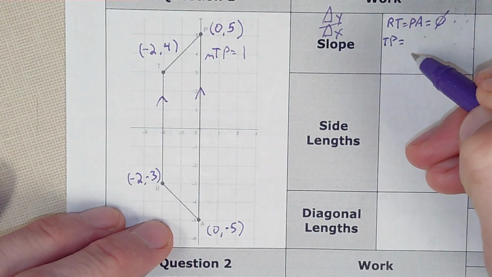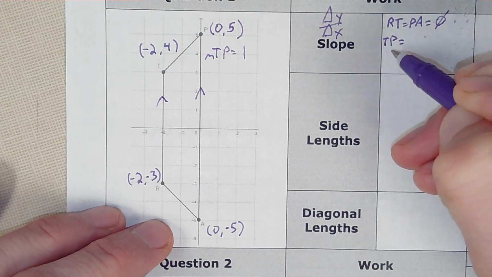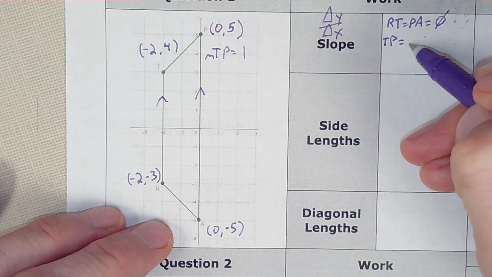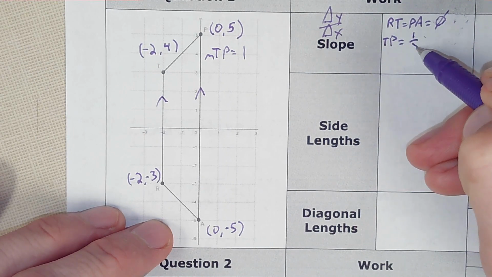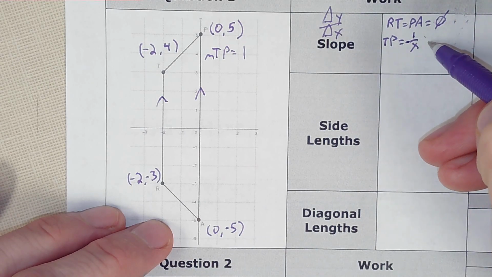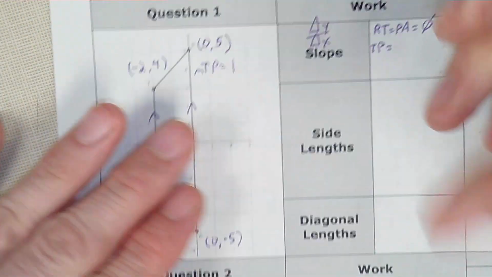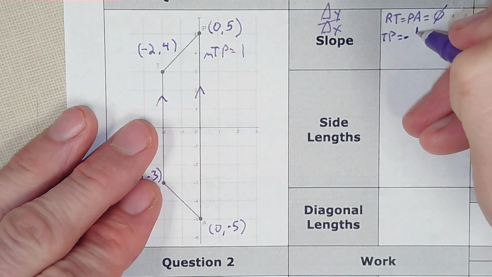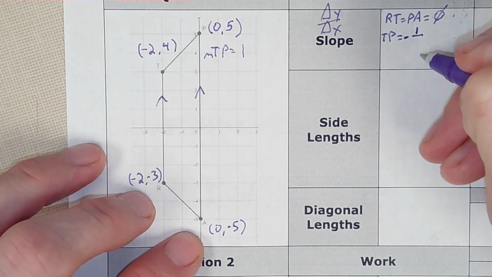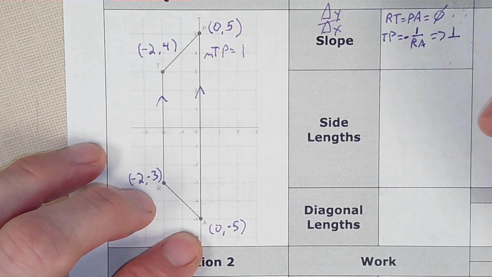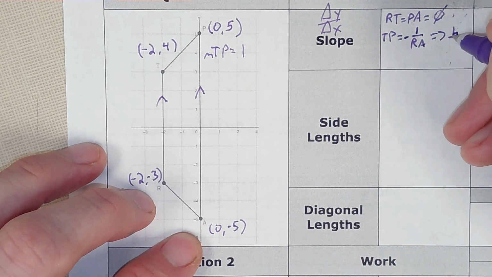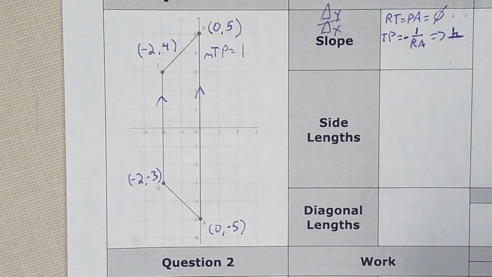So they are opposite slopes. So TP and RA. The slope of TP is the inverse and opposite of RA. Therefore, they're perpendicular. Okay, well, that's interesting.